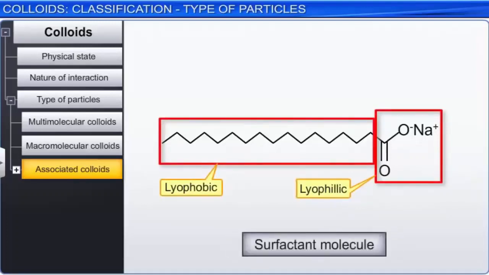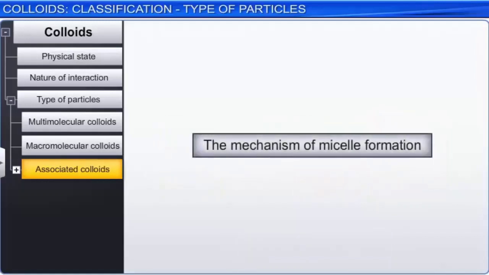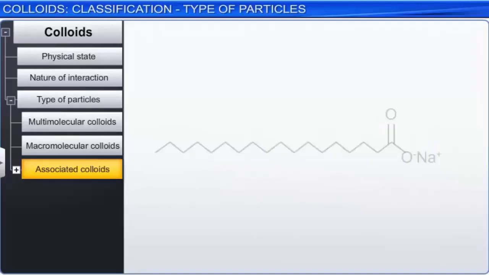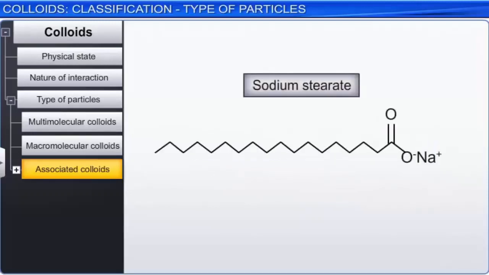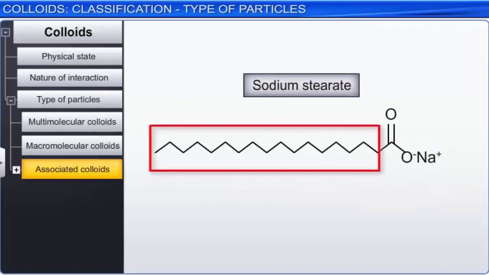Let us now discuss the mechanism of micelle formation. In sodium stearate, the long hydrocarbon part of stearate radical, that is C17H35, is the lyophobic end, while COO- is the lyophilic end.